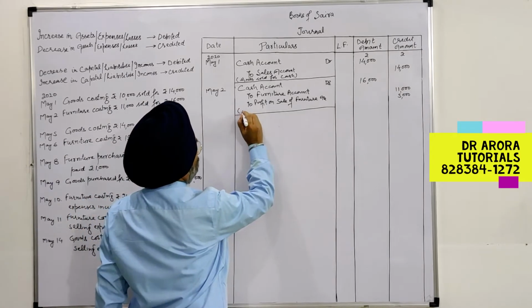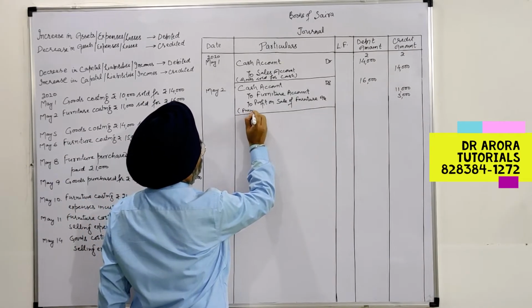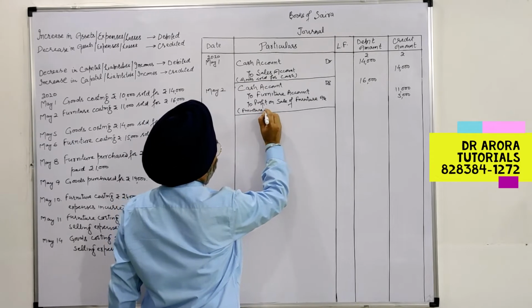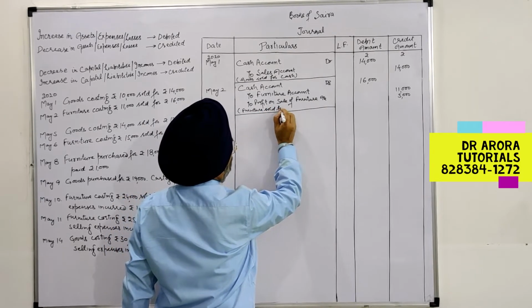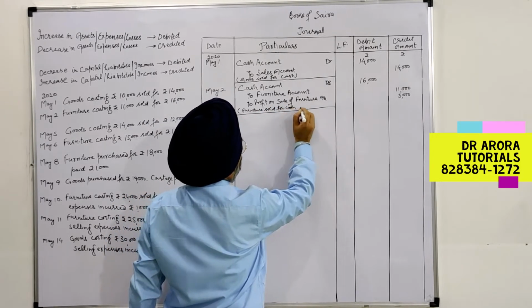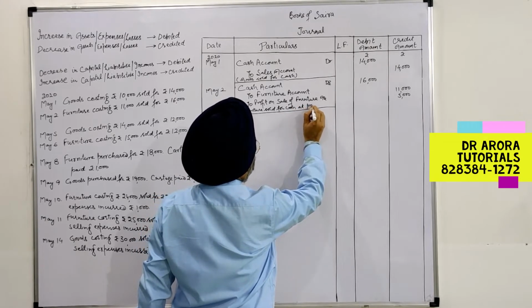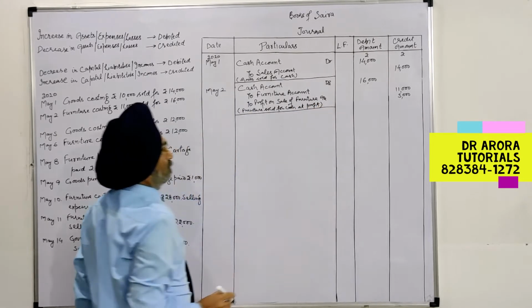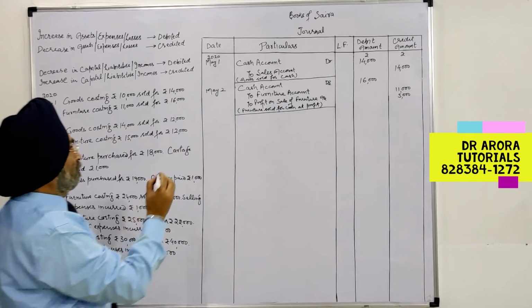So narration: furniture sold for cash at profit.